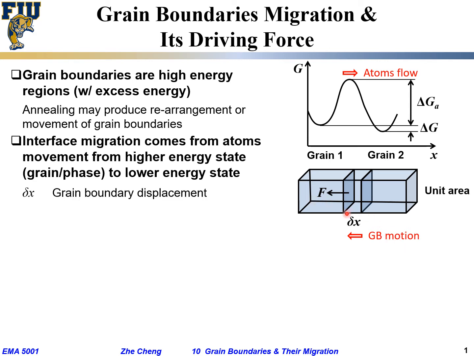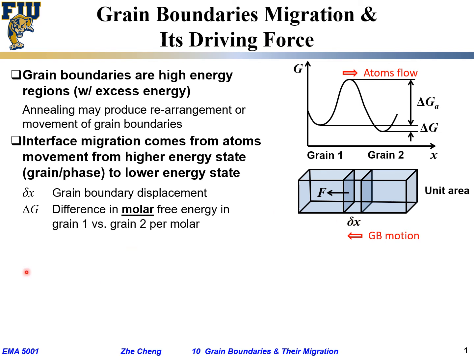Now let's think of the energetics aspect of this. If we define a few terms, what is delta x? The displacement of my grain boundary due to this motion. And what is delta g? We define it as the difference in volume free energy between grain 1 and grain 2, the difference per volume.